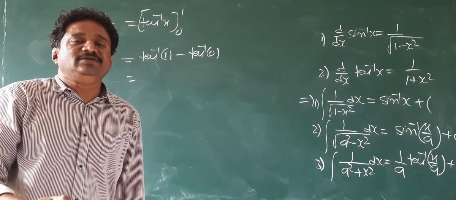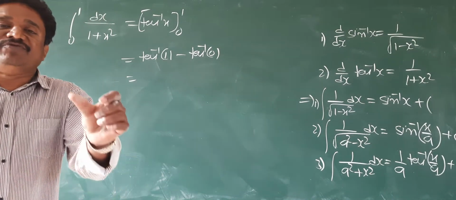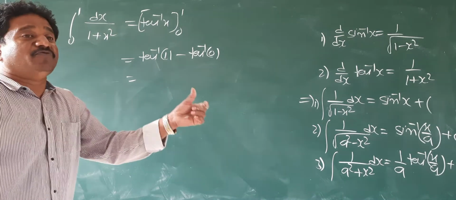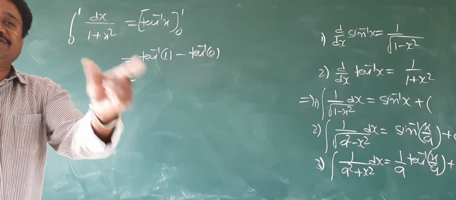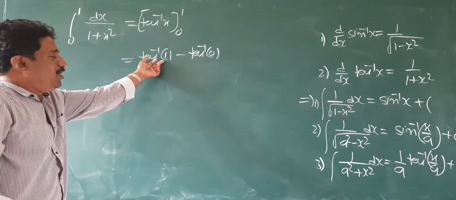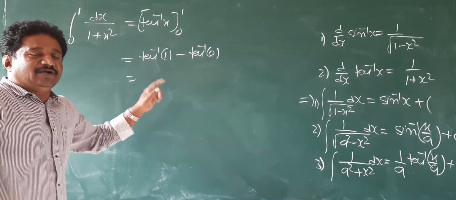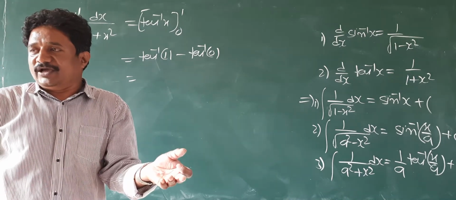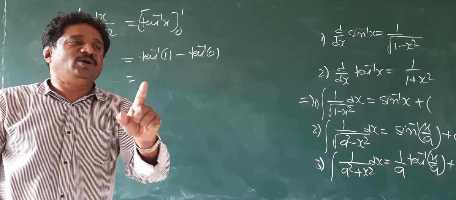For which angle does tan take the value 1? Tan value becomes 1 at pi by 4. Tan 45 is 1, so tan inverse 1 should be 45, which is pi by 4. You calculate everything in mind only.